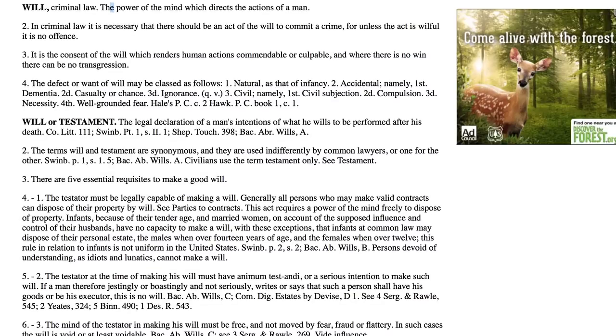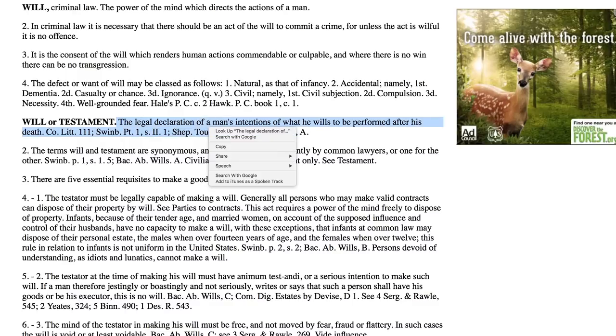So also, when you look under will or testament, the legal declaration, the first thing I want you to pay attention to is the legal declaration of a man's intention. The legal declaration of a man's intention, will or testament, of what he wills to be performed after his death.